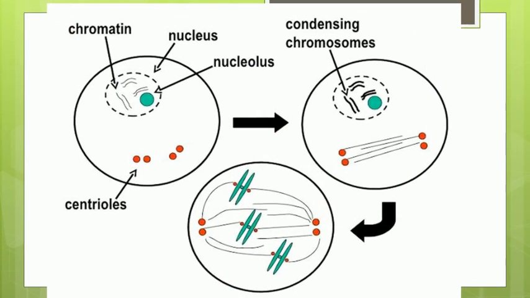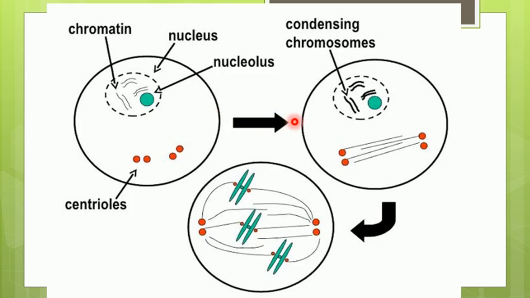In this picture we can clearly see that this is the cell, and inside this cell you can see this is the nucleus, and this greenish part is the nucleolus. So during cell division, the centrioles will take part in the process, and you know that cell division has 4 stages, that is prophase, metaphase, anaphase and telophase.